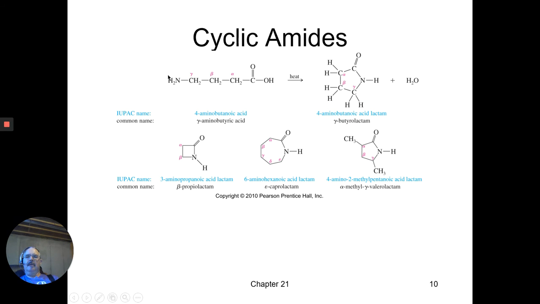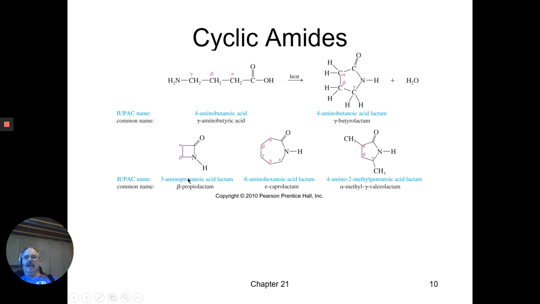And if we eliminate water from this NH2 and this OH, we can form a cyclic amide or a lactam. And so this is 4-aminobutanoic acid lactam, or gamma-butyrolactam in the common nomenclature.